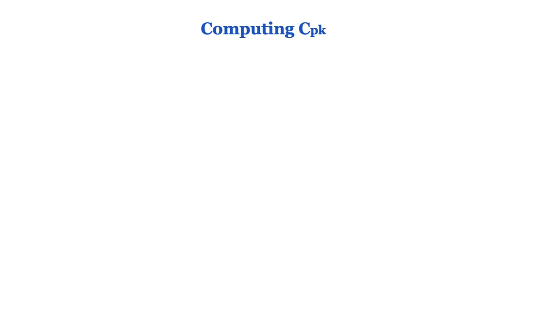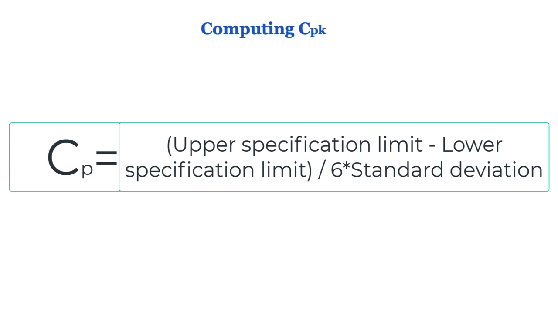It's very simple. You take the upper specification limit, subtract the lower specification limit, and divide by 6 times the process standard deviation. So upper specification limit minus lower specification limit divided by 6 times the process standard deviation.